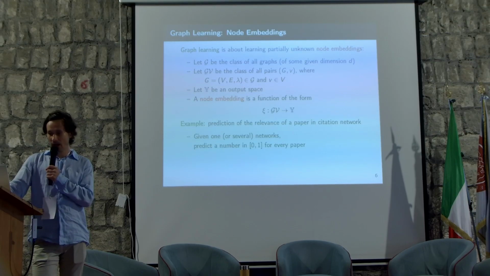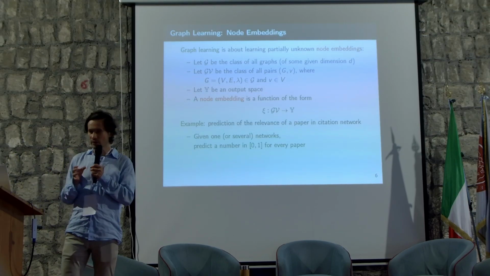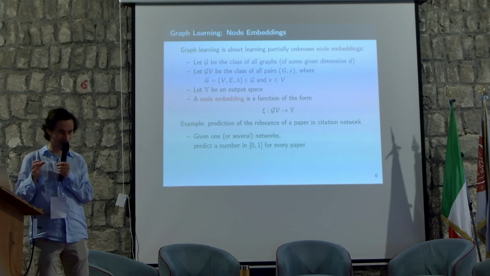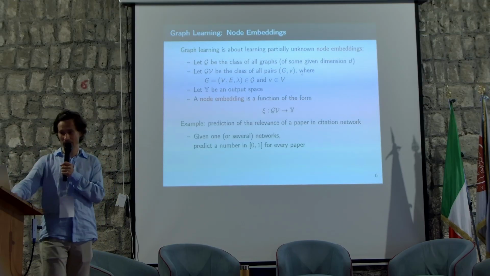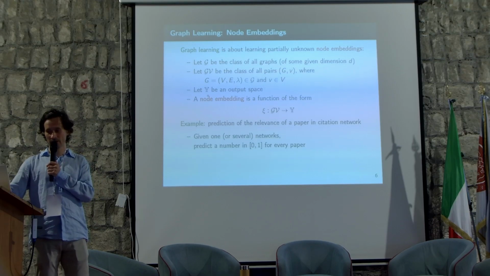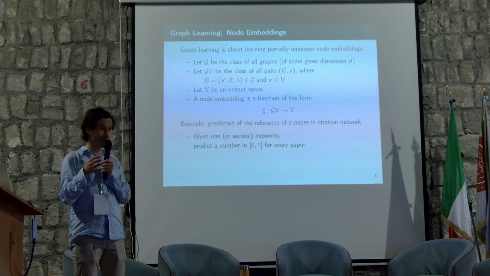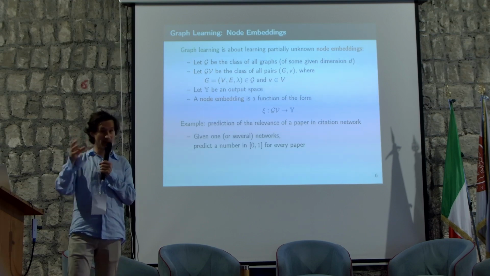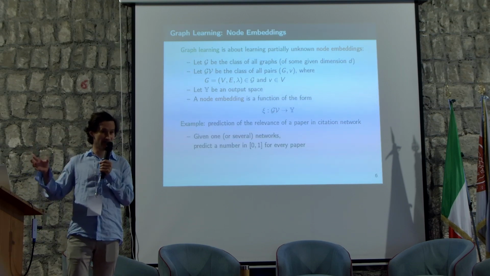Anyway. So, what is graph learning? Generally, I concentrate on so-called node embeddings. Basically, we want to learn a function which assigns some answer, yes or no, or maybe a number, to each node in each graph of the type I presented.